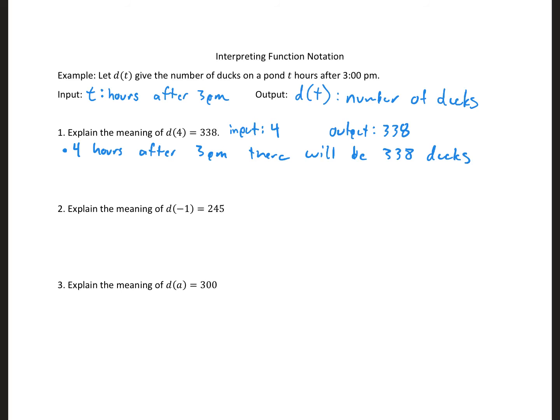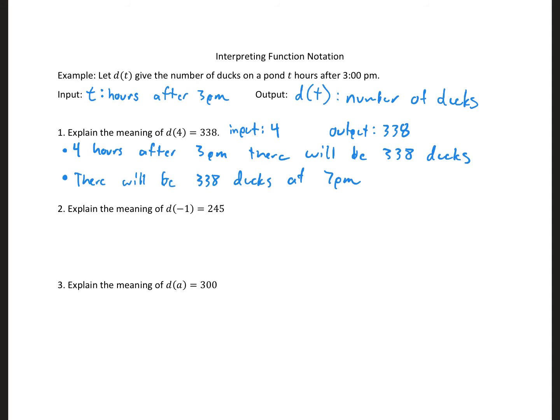I could also say we know that 4 hours after 3 p.m. is equivalent to 7 p.m. So I could say perhaps there will be 338 ducks at 7 p.m., or I could say at 7 p.m. there are 338 ducks. As long as we understand what the 4 is and what the 338 is, there's multiple ways we could state this in practical real-world terms.